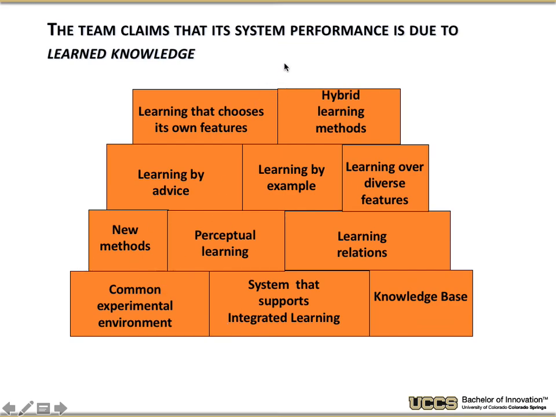So in this particular program that was part of DARPA at the time, right? This was related to machine learning. The claim was that improved system performance is due to learned knowledge. There's a whole bunch of different learning models we can talk about: learning that chooses its own features, hybrid learning, learning by example, learning by advice, perceptual learning, systems that support integrated learning.